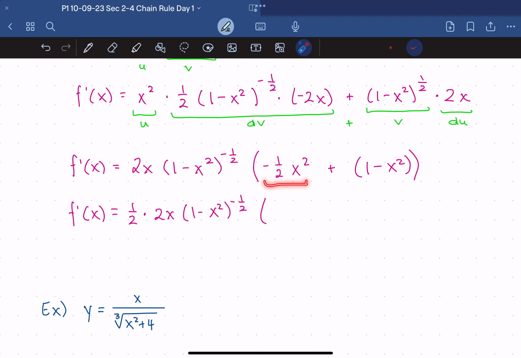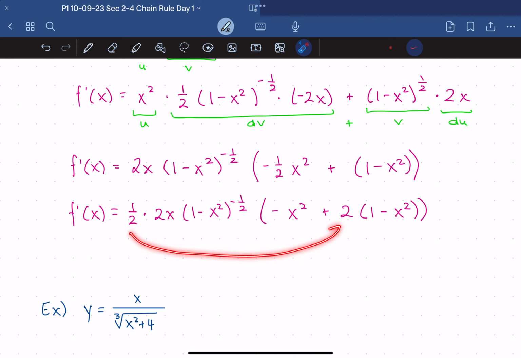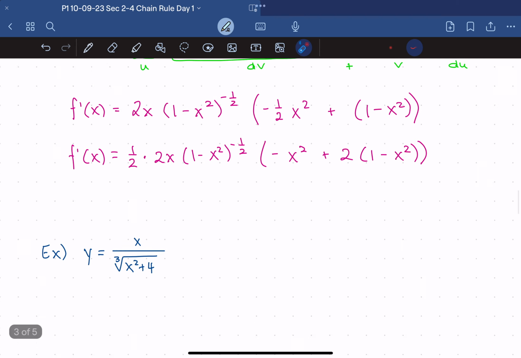When I factor out the 1/2 from here, I still have the negative x squared left. And then here I'm going to have a 2 in order to keep it equivalent. You can think about 1/2 times 2 gives me 1. So it's back there. And then I can clean up what's inside.